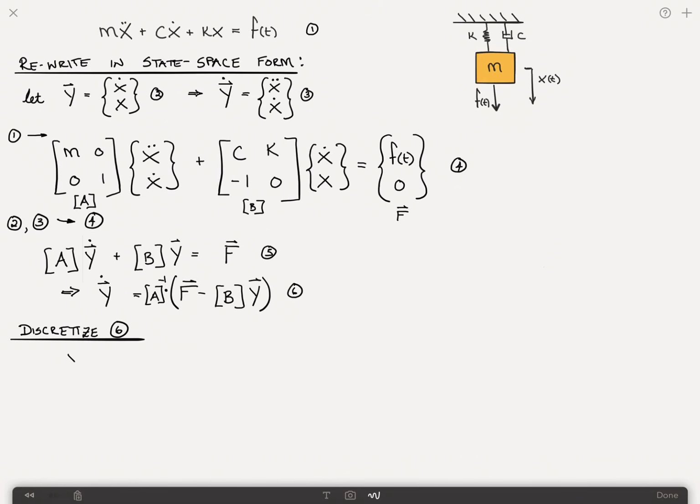So the difference in y would be y at time t plus 1 minus y at some time t, divided by the difference in time, which is delta t. And that is equal to what we have above, A inverse times the vector F minus B times y.